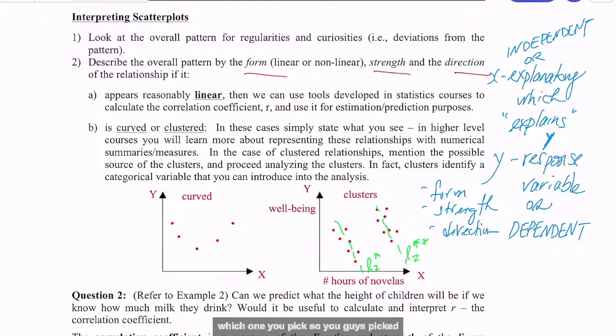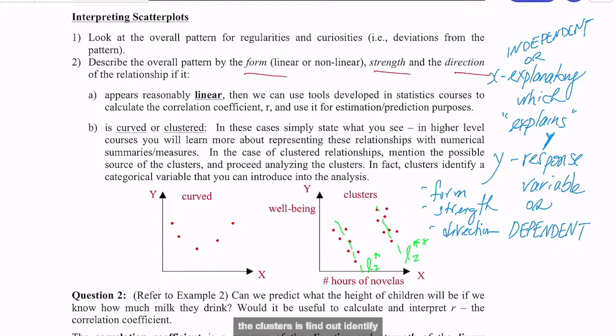So you guys picked this, and it's clear that these lines capture and explain the points better than that single line that goes through where they were all scattered around. So this is a good replacement or a prediction line for those, and this is a good prediction line for those.